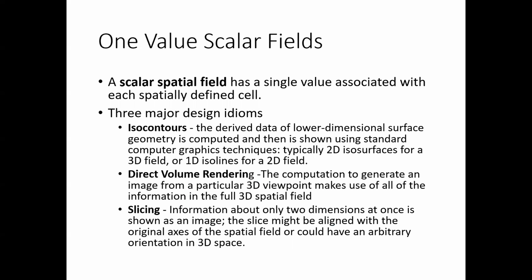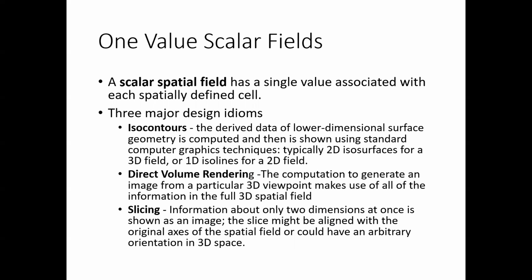Of course, it's not just limited to geographic information, and you can have other types of geometric data. So scalar spatial fields are one of these, and these have a single value associated with each spatially defined cell. There are three major design idioms.